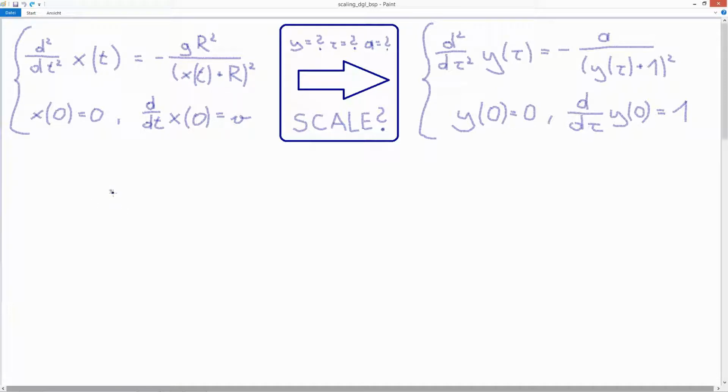We have the position x, we have the time t, so x and t, we have the gravitational constant g, we have capital R, which is some kind of a radius, and we have the starting velocity v.